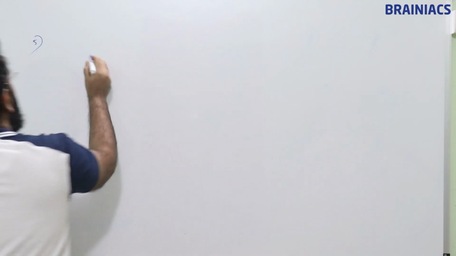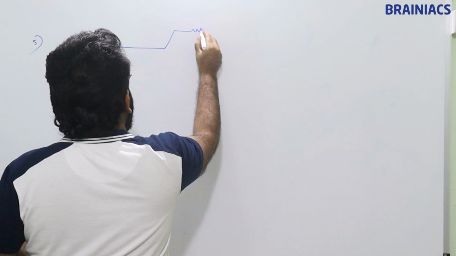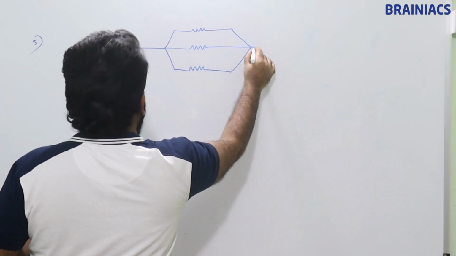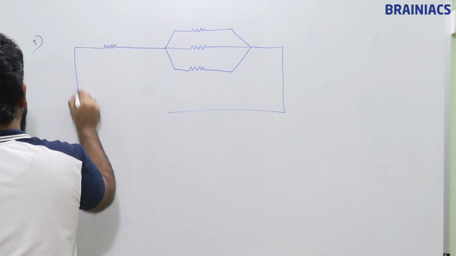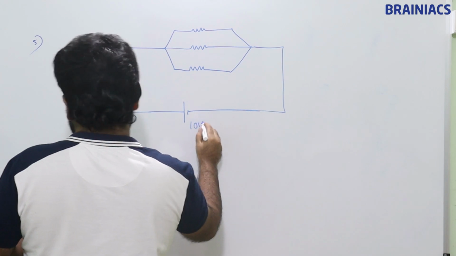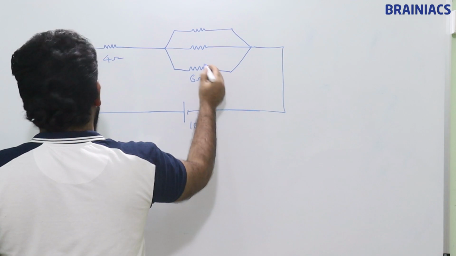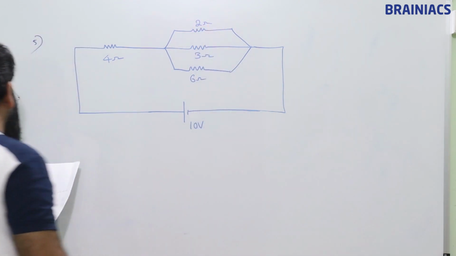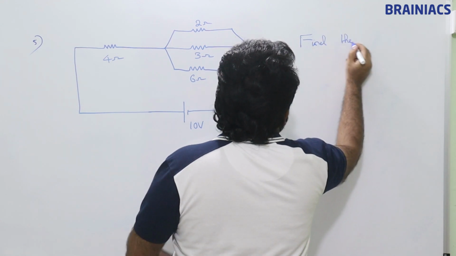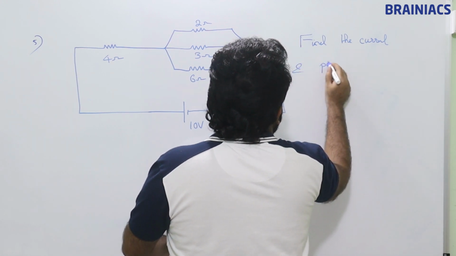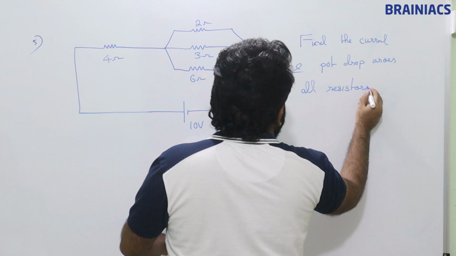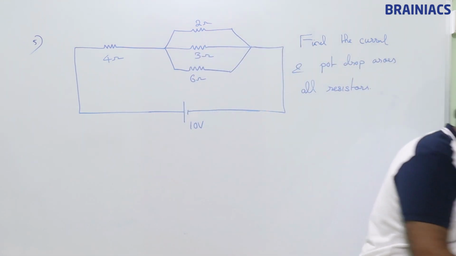Next question. Find the current and potential drop across all the resistors.